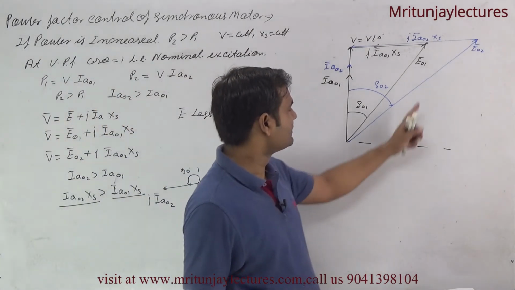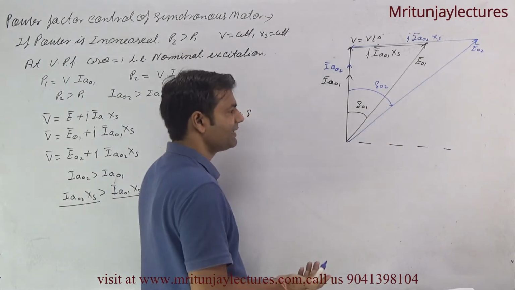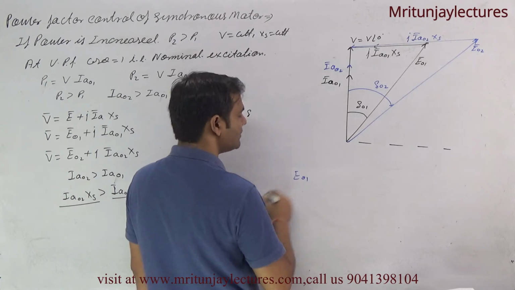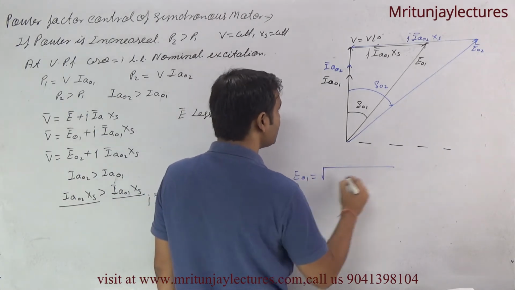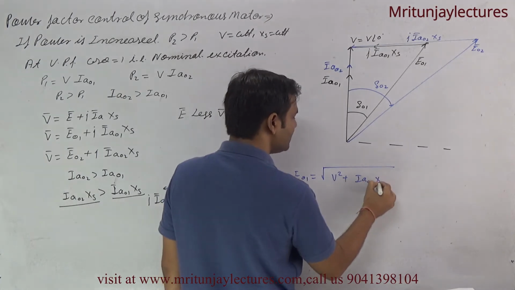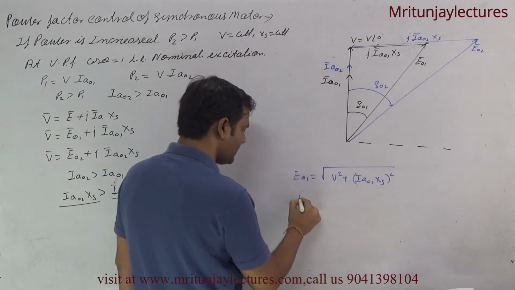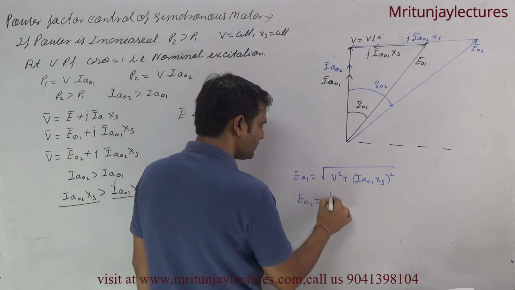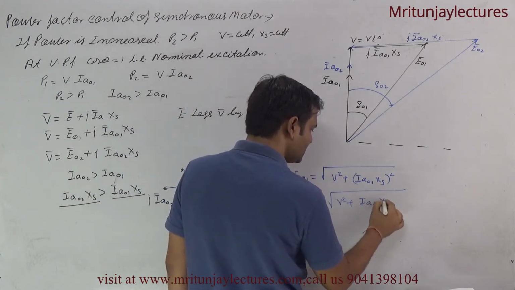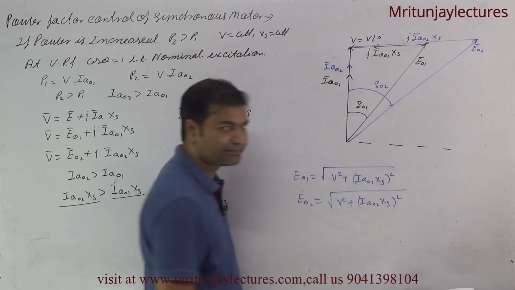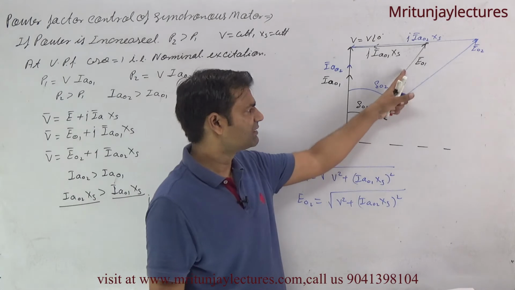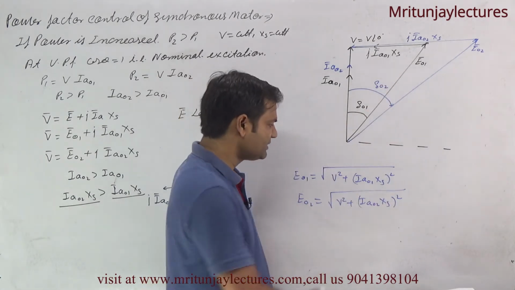Now with the help of the Pythagoras theorem, E01 is equal to the square root of V square plus IA01 into X, whole square, and E02 is equal to the square root of V square plus IA02 into X, whole square. You can see this one is greater than this one, because this voltage drop is greater.